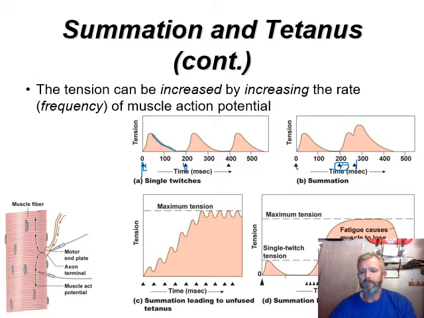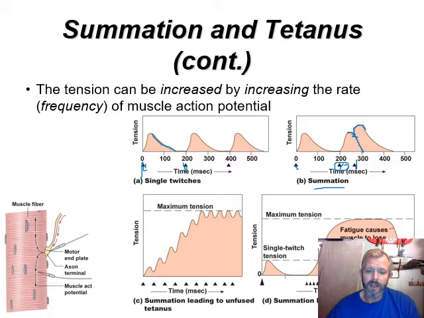Now I'm opening the calcium channels here before I can get all the calcium pumped back. I give the calcium starting to pump back a little bit, but boom, I open the channels again and more calcium gets out. So during summation, we're not getting back to baseline. The baseline is further up because I'm opening those channels before I can get all that calcium back into the sarcoplasmic reticulum.